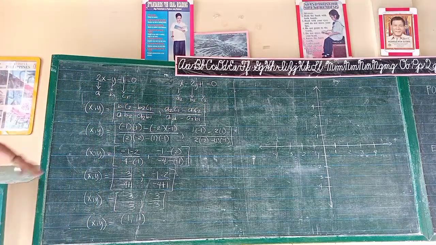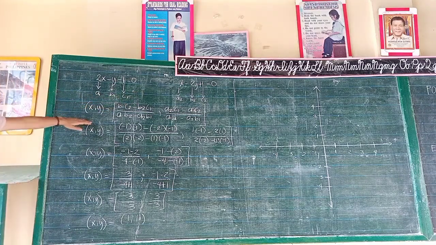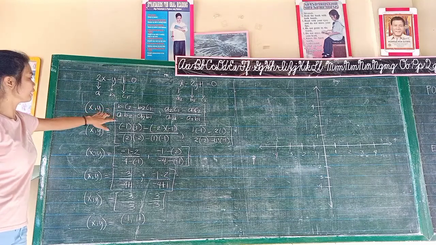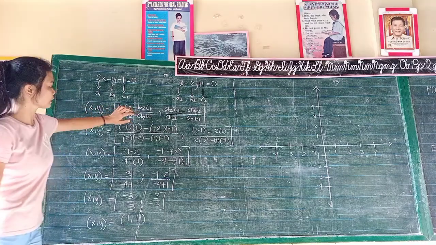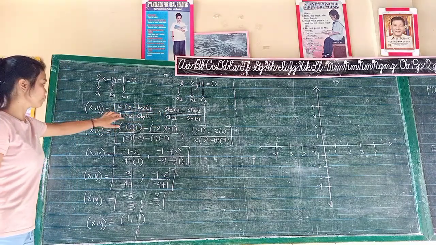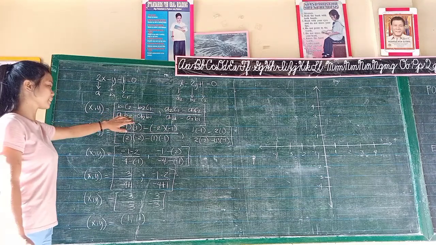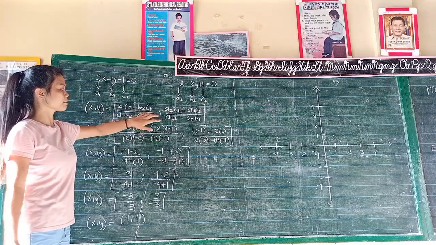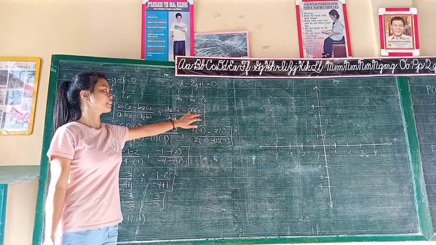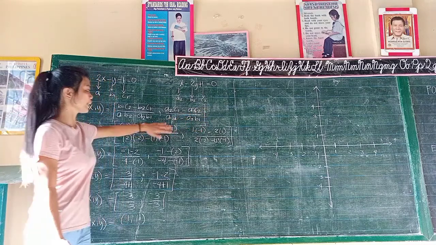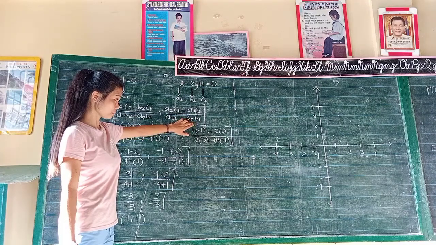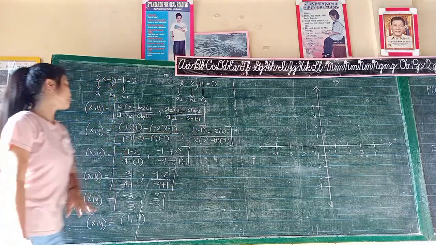Now, we have to substitute these given values into our formula, which is the coordinates of x and y equals b sub 1 times c sub 2 minus b sub 2 times c sub 1 over a sub 1 times b sub 2 minus a sub 2 times b sub 1, and a sub 2 times c sub 1 minus a sub 1 times c sub 2 all over a sub 1 times b sub 2 minus a sub 2 times b sub 1.